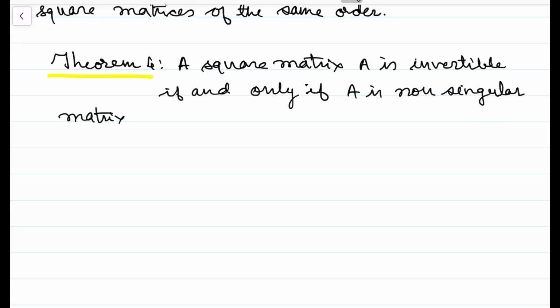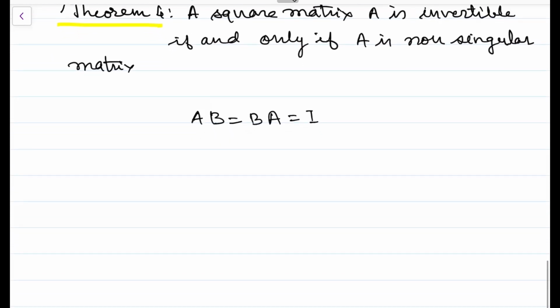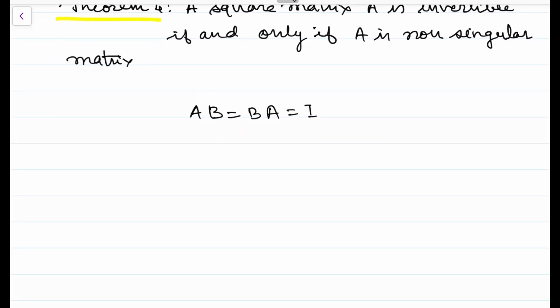Let A be a square matrix of order n, and let there exist another matrix B of the same order such that AB is equal to BA is equal to I. This implies AB is equal to I. Taking determinant on both sides, determinant of AB is equal to determinant of I, which is 1.